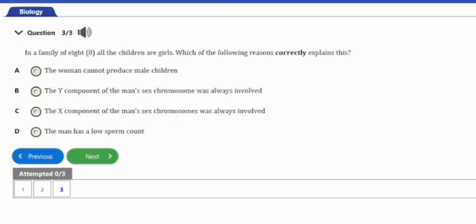B. The Y component of the man's sex chromosome was always involved. C. The X component of the man's sex chromosome was always involved. And D. The man has low sperm count. So guys, the answer to this question is option C: the X component of the man's sex chromosome was always involved. And that's it for that question.